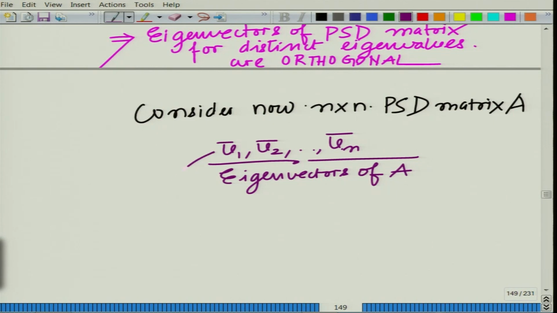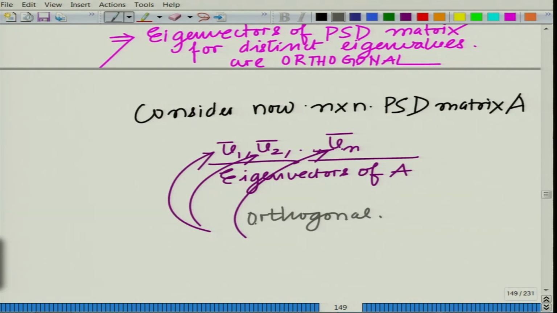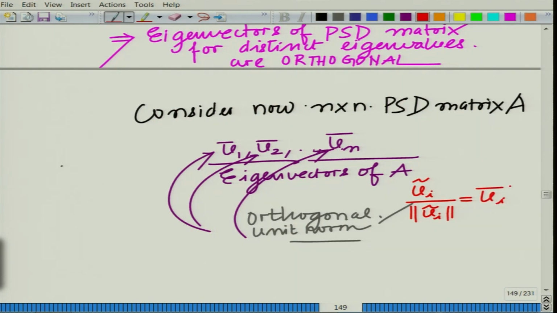We have already seen these are going to be orthogonal. Now, let us also make them unit norm, and that is not difficult to see, because if you have ui tilde, an eigenvector which is not unit norm, I can always divide it by norm ui tilde and call that ui bar, which is essentially a unit norm vector.